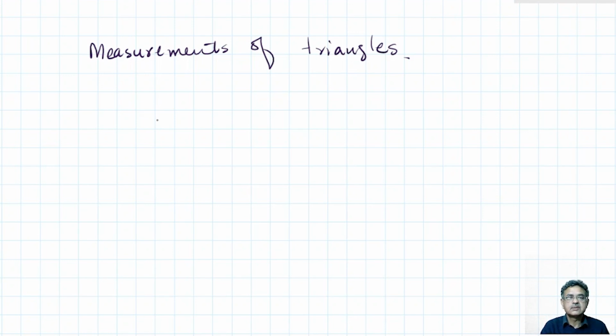So different types of triangles are there. But regarding measurement, the simplest triangle in the context of measurements is the right angled triangle.